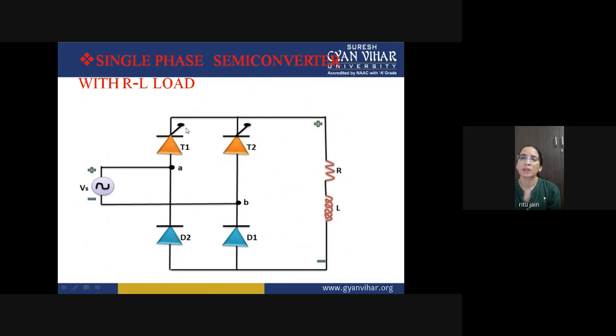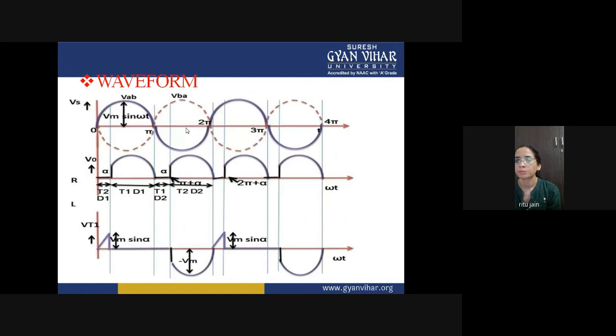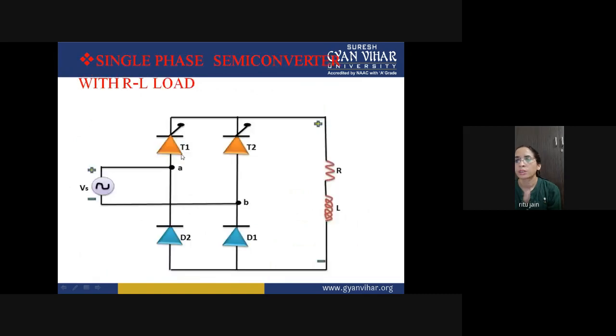Here we are taking the delay angle alpha, which is less than 90 degrees. It may be 30, 60 or 45 degrees. So this is your angle alpha. For the positive half cycle, at an angle alpha, when you turn on the SCR, the thyristor will start to conduct.